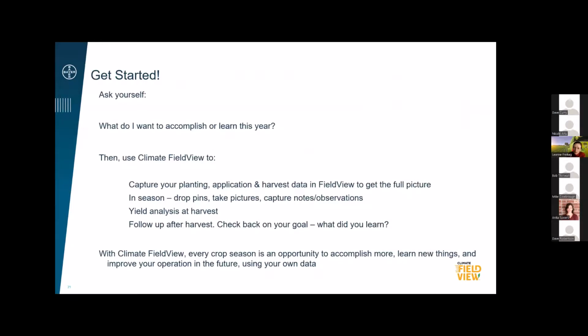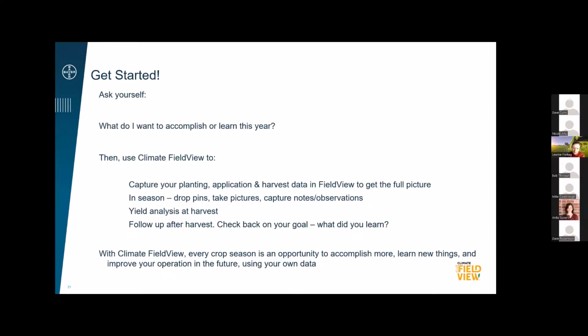So I like to say, set some goals. What do you want to learn this year? When you're looking at Climate Fieldvue, especially when you're just starting out, what do you want to accomplish? Then work your way through the season, and you'll probably find that you start using it more because it is easy, as I mentioned, to navigate through.